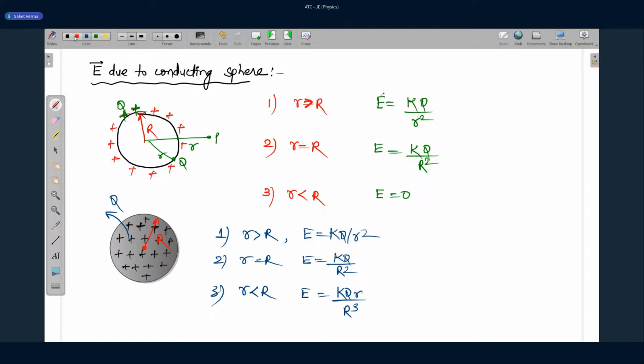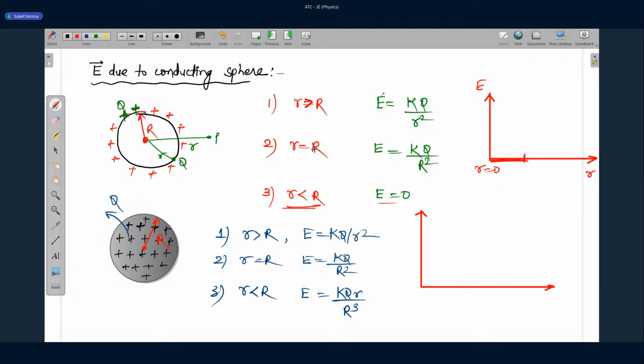So if you draw the graph in both cases, you will find a very important graph, because this type of graph is generally asked in any exam. Here you can see that in the first case, at r equal to 0, that means we are at the center, the electric field is also 0. When we are inside the sphere, for r less than R, the electric field is 0, so it is 0 up to this point.